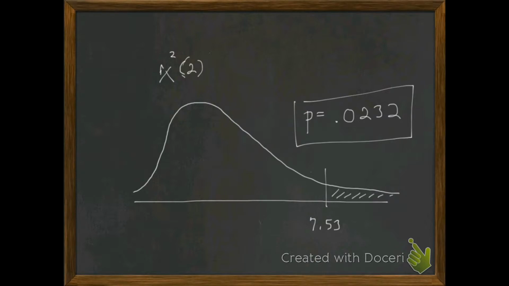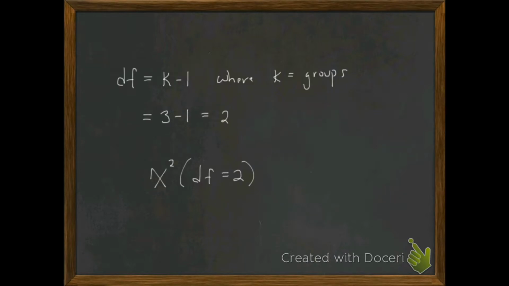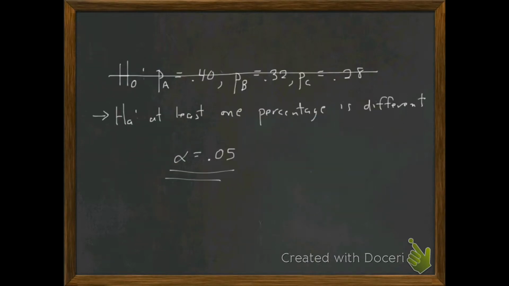So, what I would want you to do next, again, at this stage of the game, let's step back a little bit. At this stage of the game, we know that at least one percentage appears to be different. There's no really high confidence interval that we can construct for this.